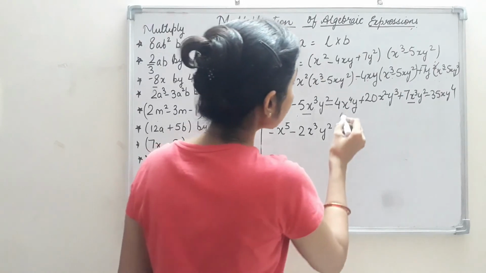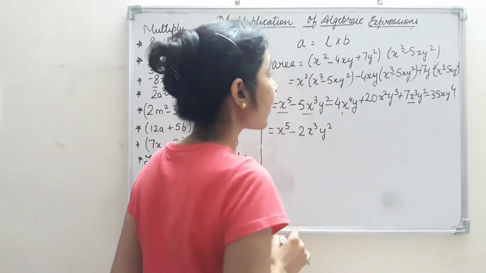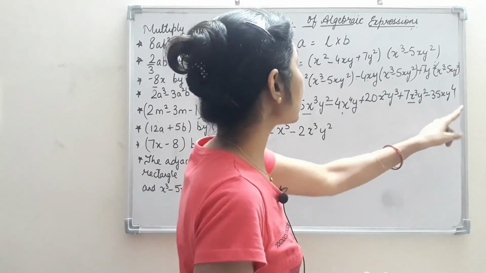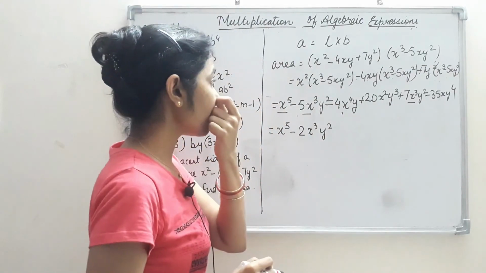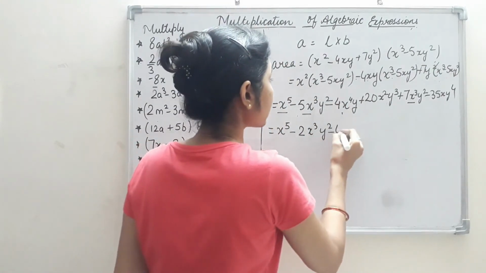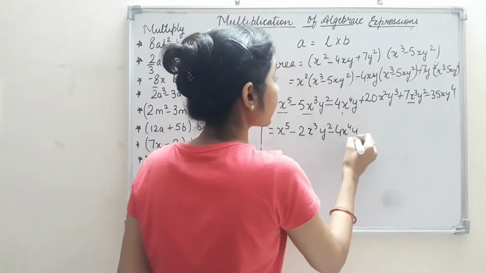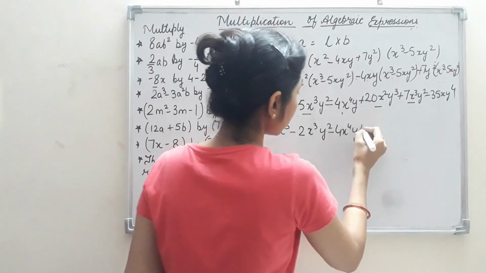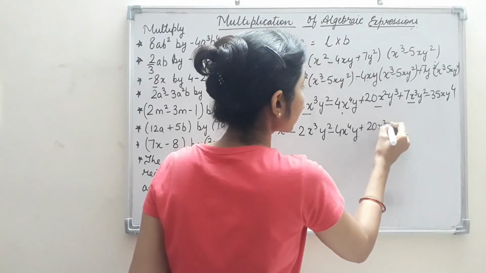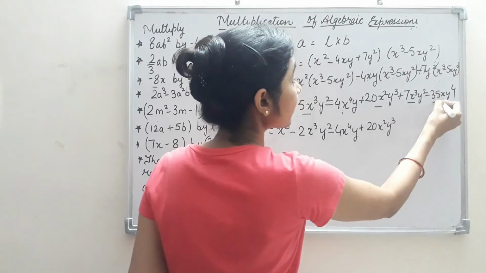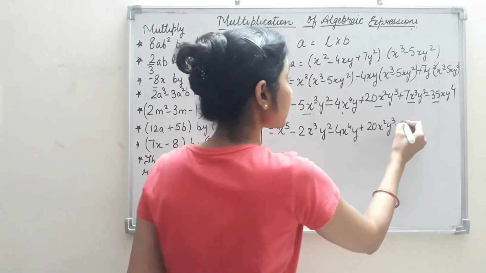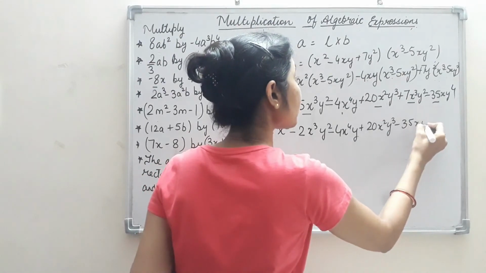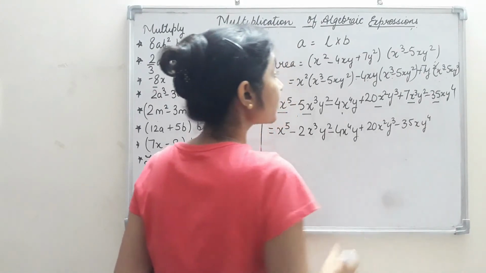Now we are having x raised to the power 4y. We are not having x raised to the power 4y anywhere, so we will write it as it is, minus x raised to the power 4y. We are not having 20x square y cube anywhere, so we will write it as it is, 20x square y cube. And again we are not having any like term for minus 35xy raised to the power 4.